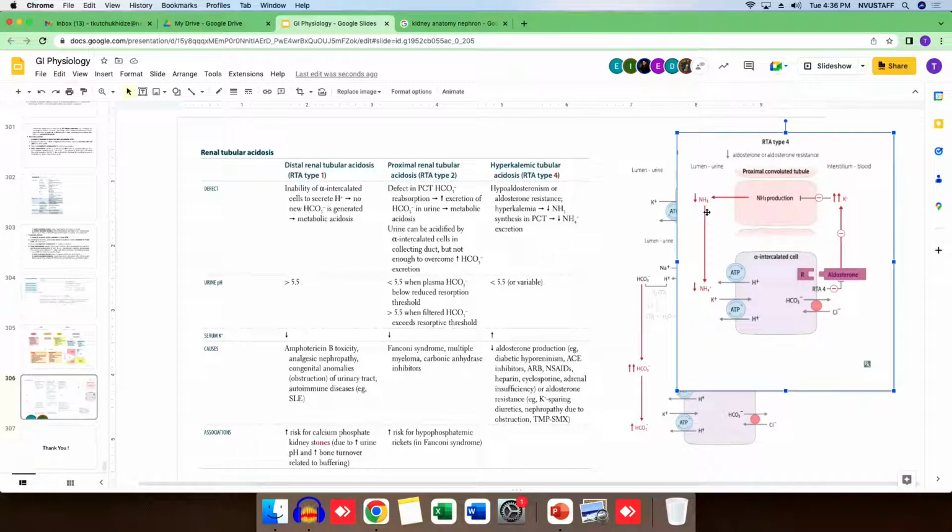The pH of urine will be variable, and we have decreased production of aldosterone. It can be caused by heparin, nonsteroidal anti-inflammatory drugs, or aldosterone-sparing drugs. Questions regarding that?